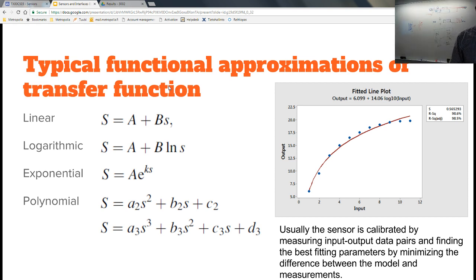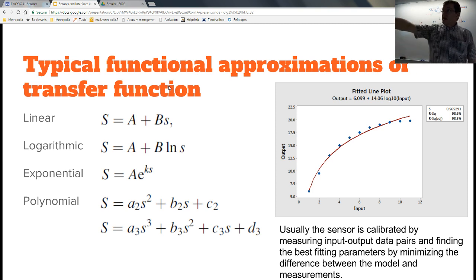I think that plot there shows a real NTC resistor, the output versus the input, or actually that looks like, if input is between 0 and 12, it probably is just a simulation of some sensor.